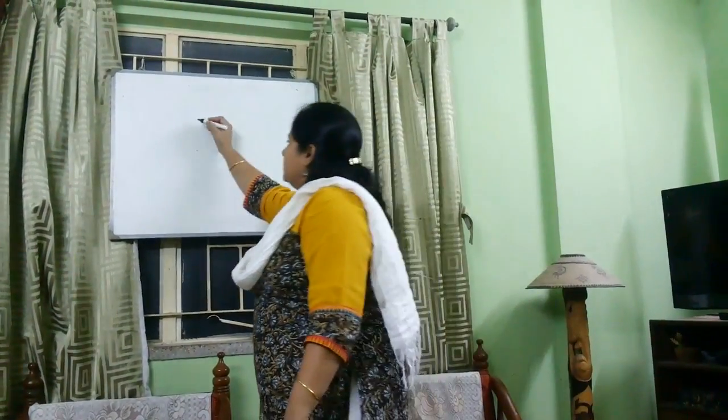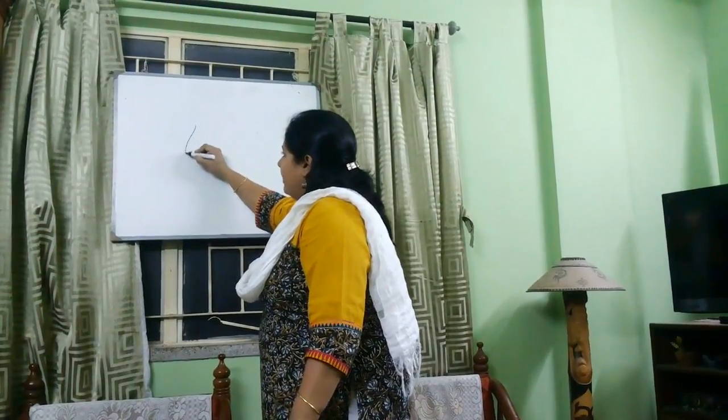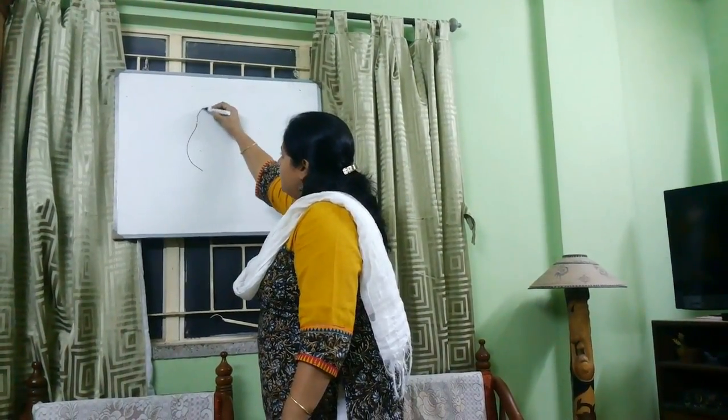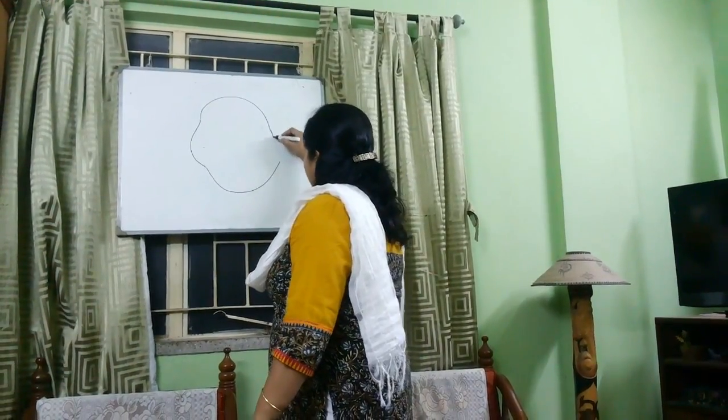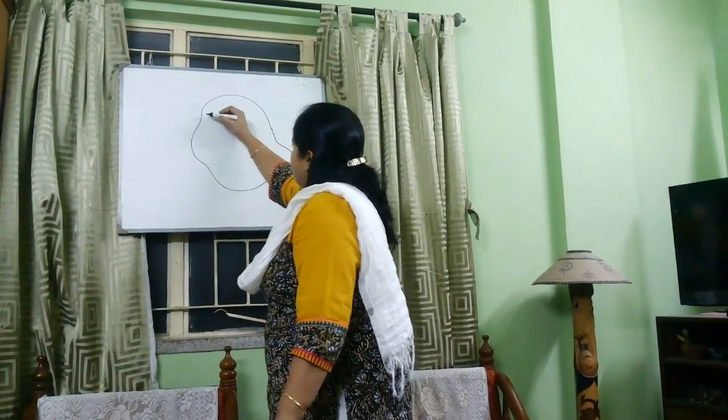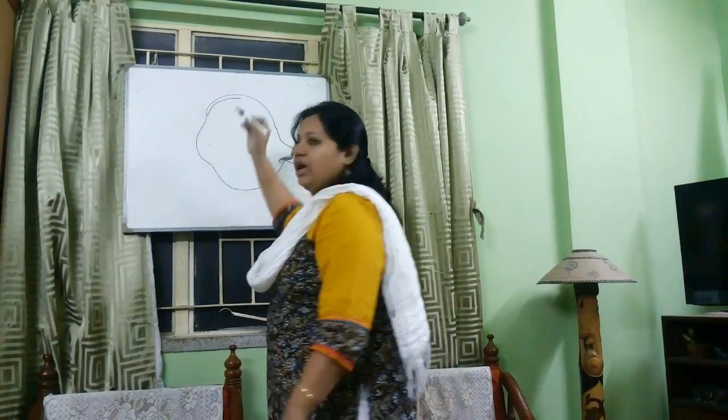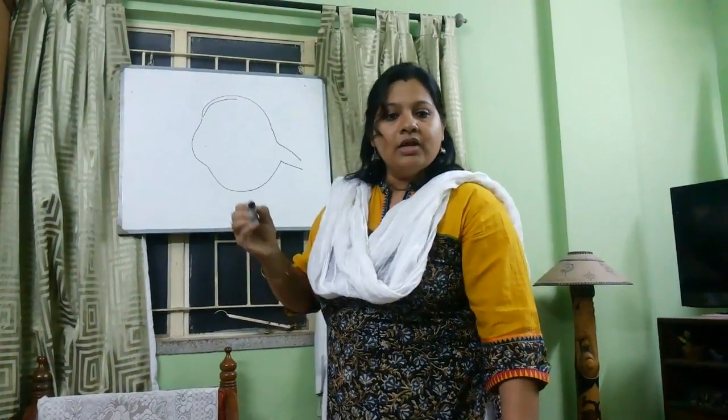I am going to discuss another significant structure in human beings, that is the human eye. In the human eye, first we discuss the protective coverings, that is sclera, choroid and retina. Now all of you see the structure of the eye. The outermost thick protective covering is known as sclera.